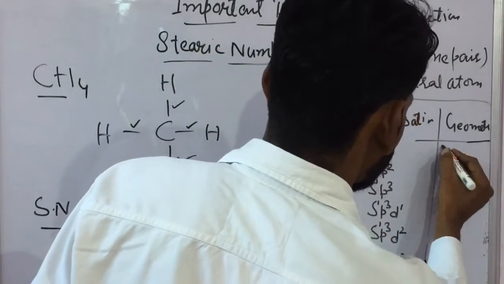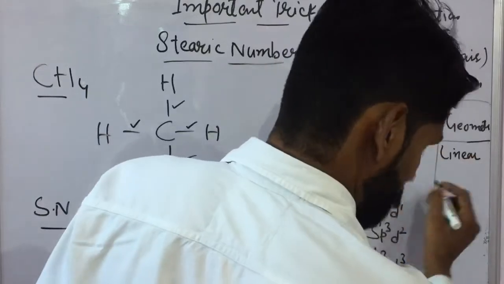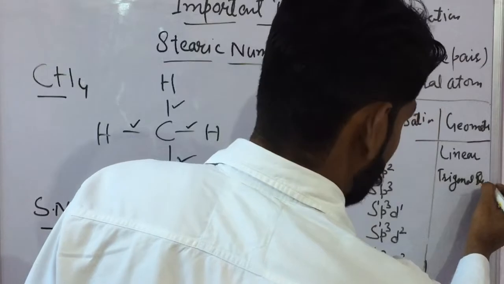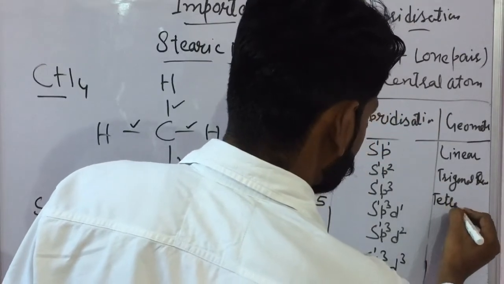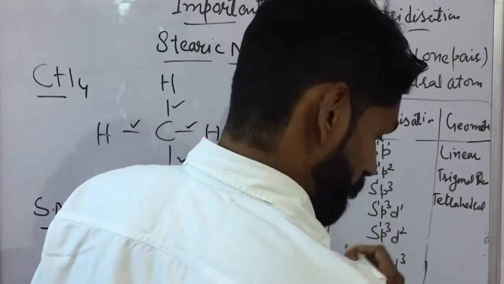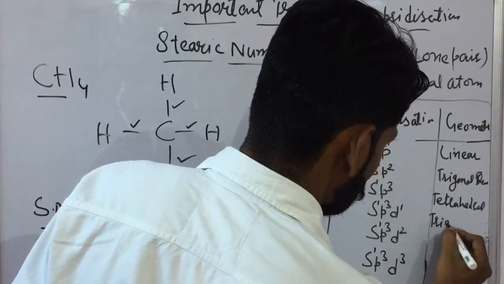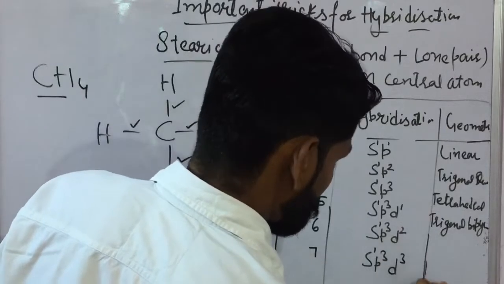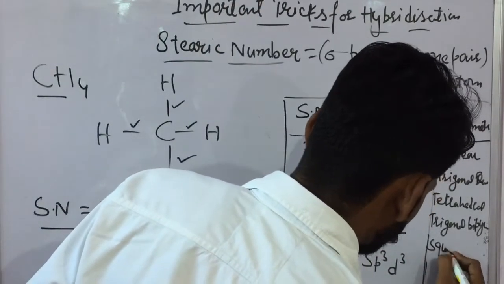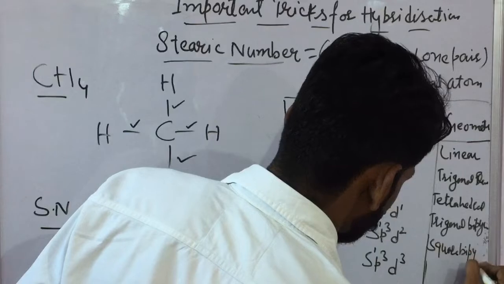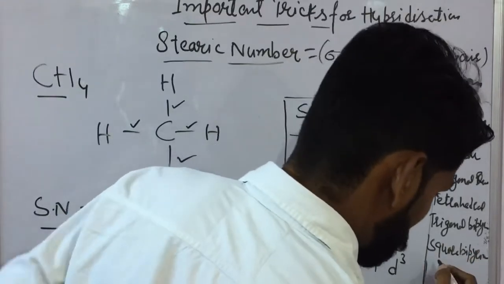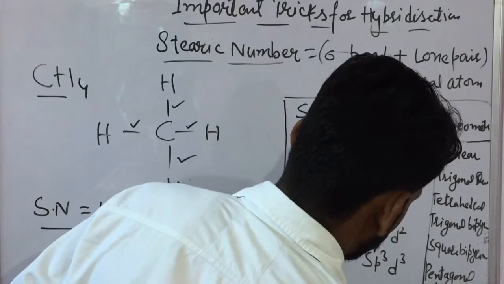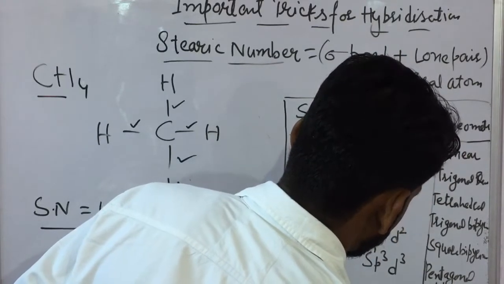The geometry comes to linear, then trigonal planar, tetrahedral, after that trigonal bipyramidal, then octahedral, and the last one is pentagonal bipyramidal.